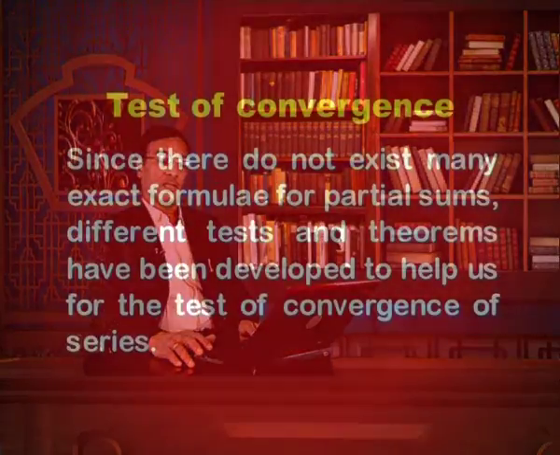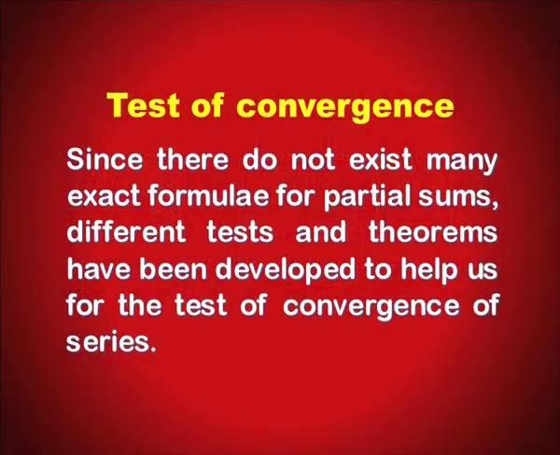Now, I will explain the tests of convergence of various series. Since there do not exist any exact formulae for partial sums, different tests and theorems have been developed to help us test the convergence of the series.